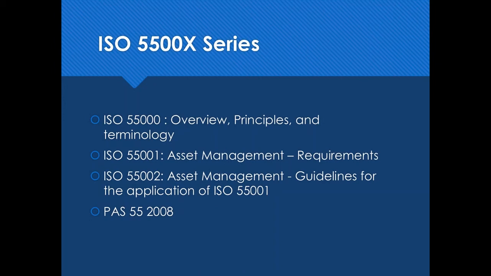Also, the Institute of Asset Management gave a document, the 55000 series, which was primarily published in 2014 as the first edition. The 55001 and 55000 themselves are from 2014. The 55002, which is the guidelines for the application of 55001, was published in its second edition in 2018. It's about an 84-page document.